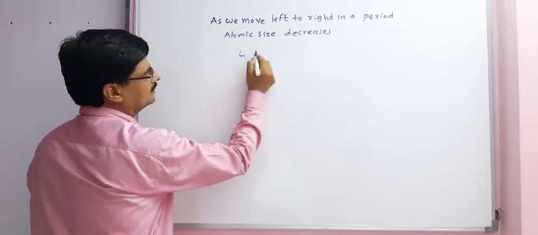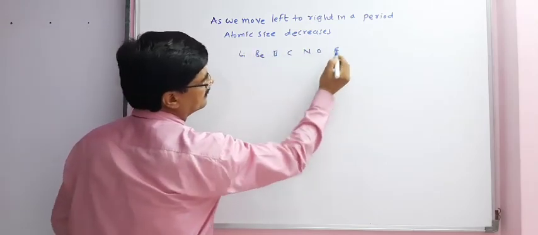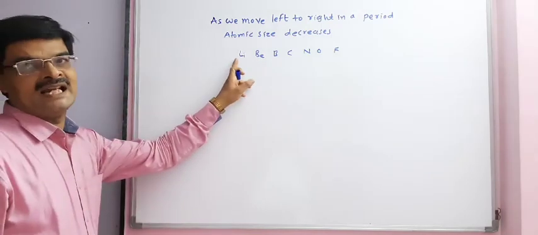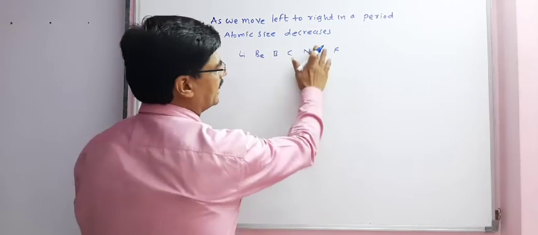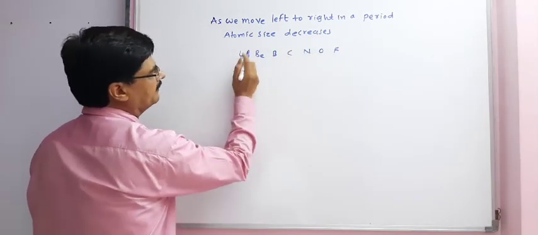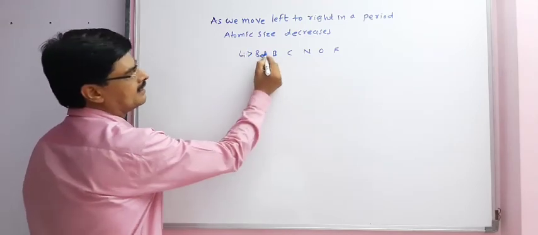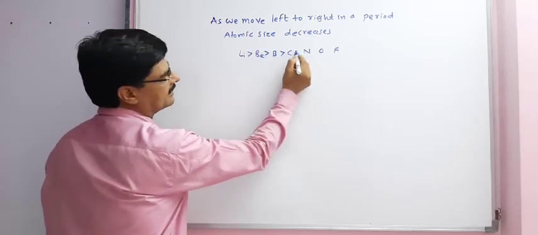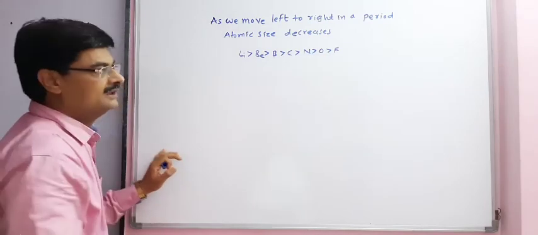Example, second period elements Li, Be, B, C, N, O and F. We can write the size order as Li greater than Be greater than B greater than C greater than N greater than O greater than F.